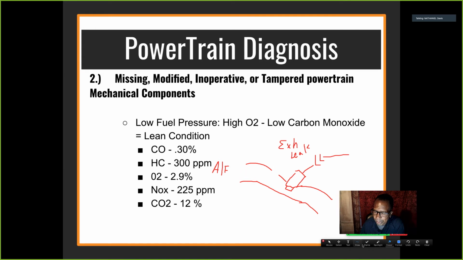All right. Now, what happens sometimes, I'm going to draw this. Let's see. This is an air pipe, going to the air pump. And air is pushed here when it's cold.